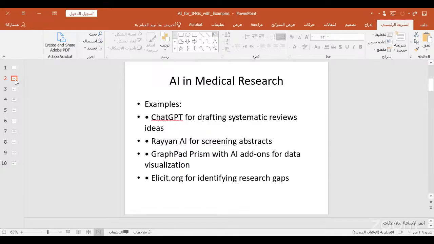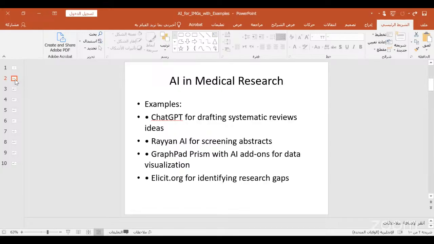Then we have Rayyan AI for screening abstracts, and Rayyan is basically a tool in which we can import our articles that we are going to screen for inclusion or exclusion based on the specific criteria that we developed at the start in the proposal or the protocol registration.